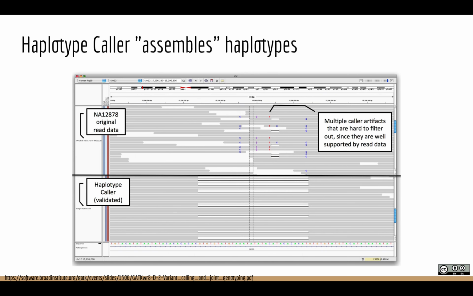What GATK will do is take all those sequences and compare them to one another and realize the best thing to do is to insert this big gap, which is indicative of a deletion, a heterozygous deletion in this case, because some of the reads in this diploid individual have this gap, some don't. Okay.